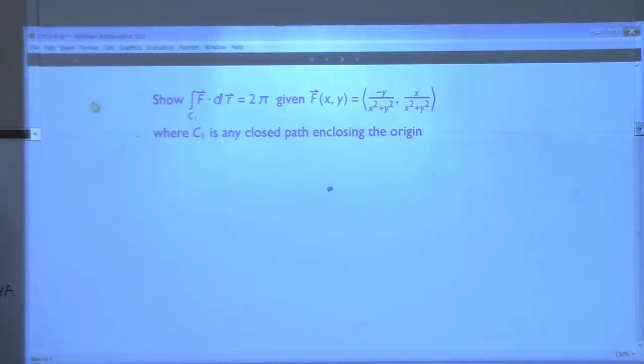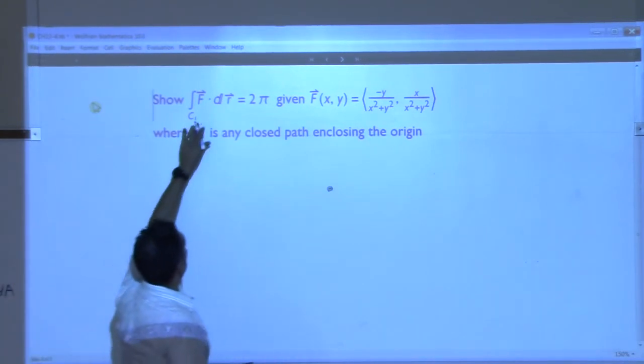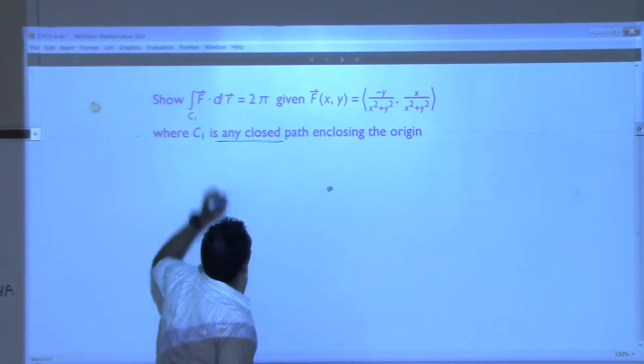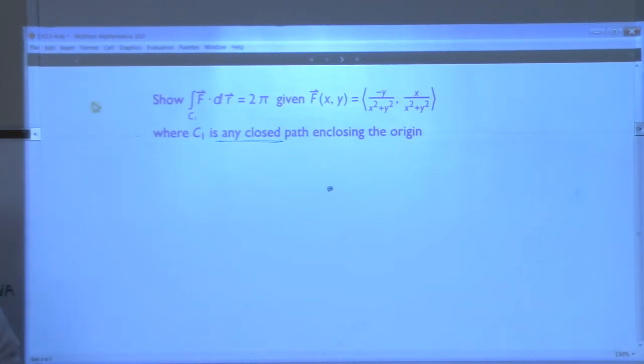So what's difficult about a problem like this is that you don't have C1. They don't tell you what C1 is, right? You're actually trying to show that you'll always get 2 pi no matter what closed path you pick, as long as the origin is inside your path.